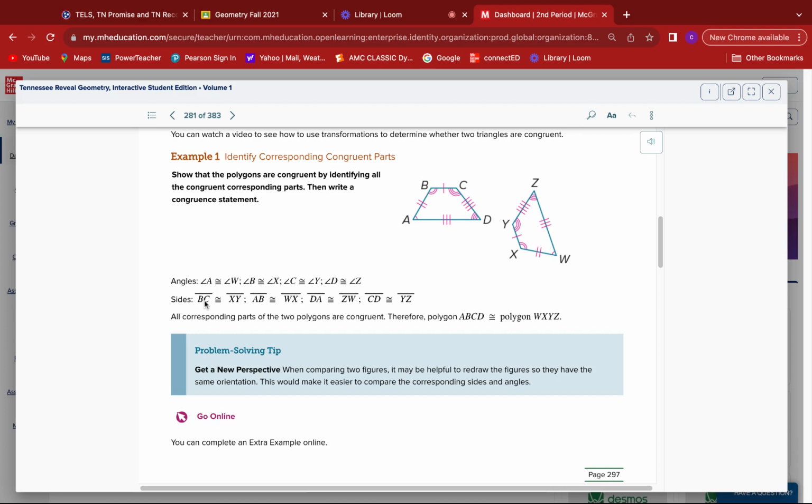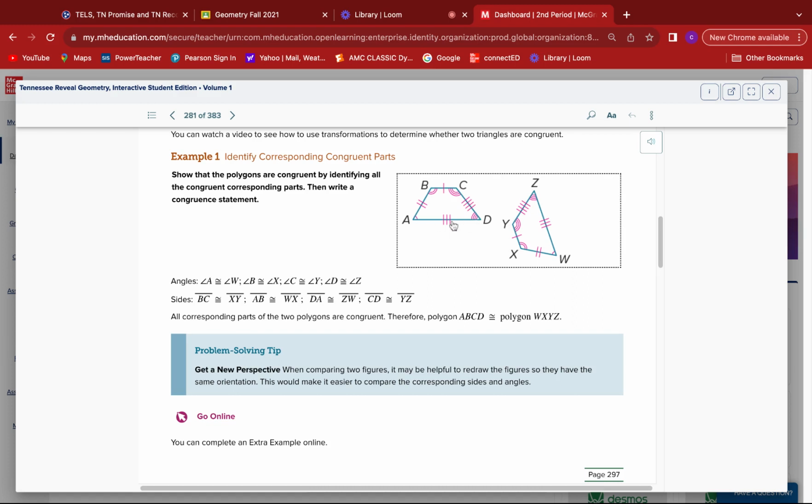Same thing for the sides. AB is marked with a 2 slash, and it would be congruent to XW, which is a 2 slash. BC is a 1, so it'll be marked congruent to XY, which is a 1. I'm just going along this in a matter of order. CD is marked with a 3, and that's going to be the same as YZ with a 3.